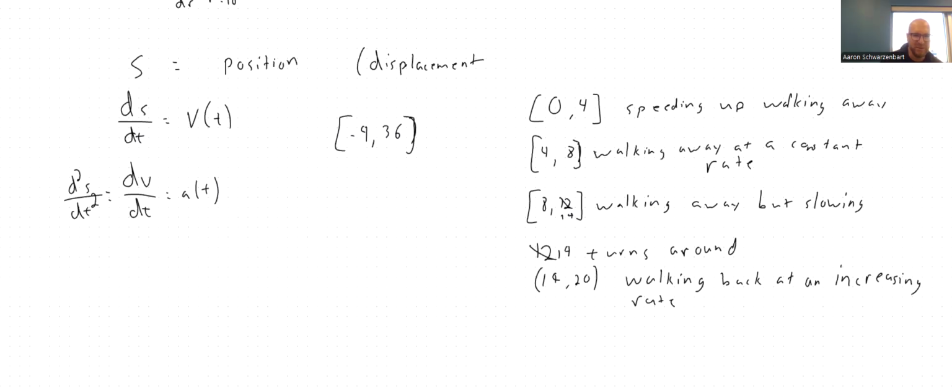When they're at this top part of the graph here, that is not stationary. It's a constant rate of moving away. Means they're not accelerating, but they're not stationary. They're only stationary if they are on the x-axis.